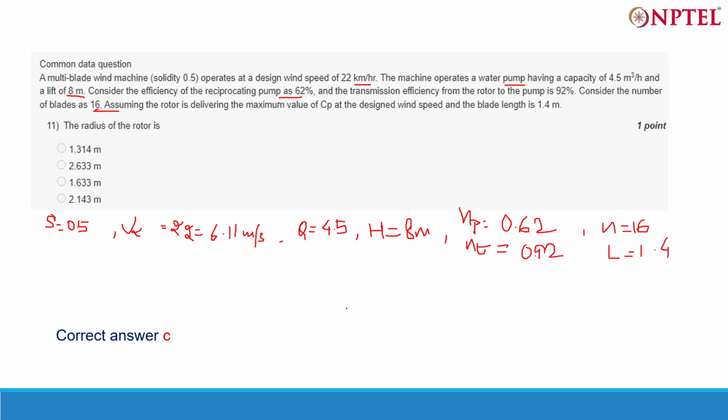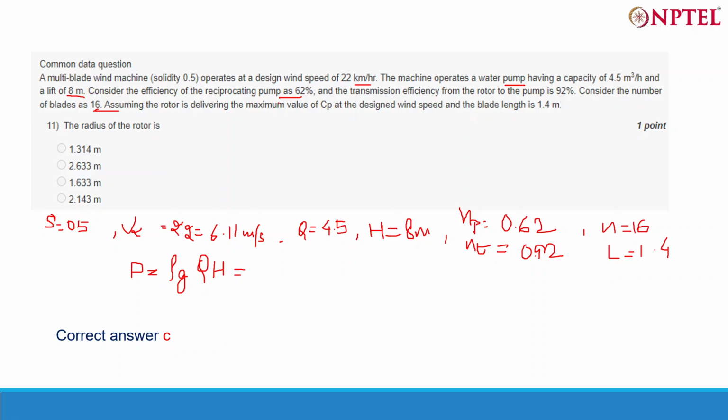So you know how to calculate the power of the pump. For calculating the power of the pump, it is rho g Q into H. This is actually the power the pump requires. Okay, but the problem with this is that it is ideal power.